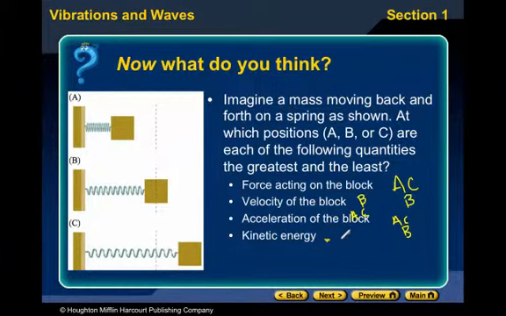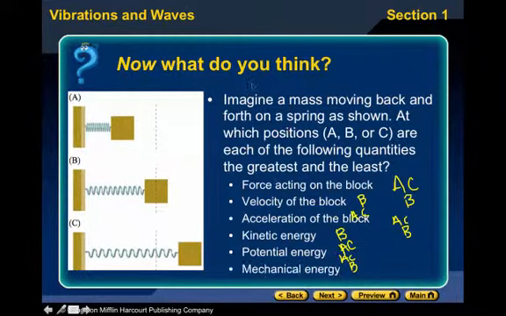Kinetic energy is the greatest at B and least at A and C because it's not moving. Potential energy is the greatest at A and C and least at B. And last one, mechanical energy.